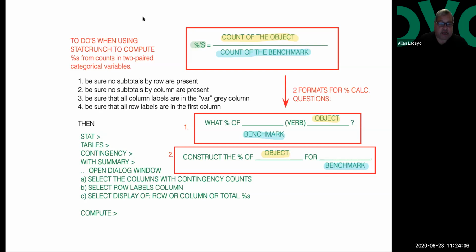In addition to that, we now also have here the format in StatCrunch that allows you to compute all 5 kinds of percentages, including the preconditions.